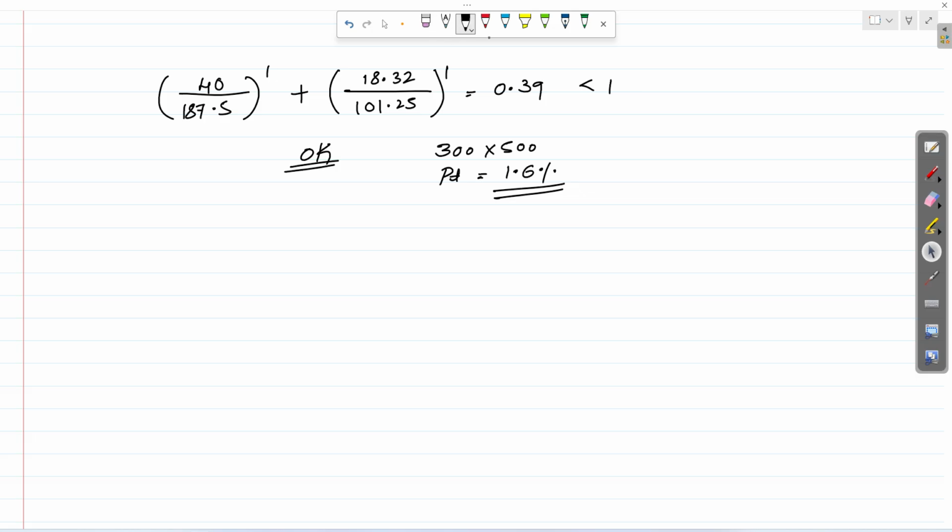If this ratio is greater than 1, then you need to increase the column size, or you can increase the percentage of steel. Okay.